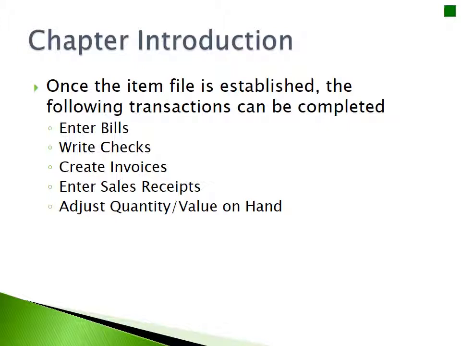Once the inventory item file is established, transactions such as enter bills, write checks, create invoices, enter sales receipts, and adjust quantity/value on hand can be completed in much the same manner as in prior chapters.